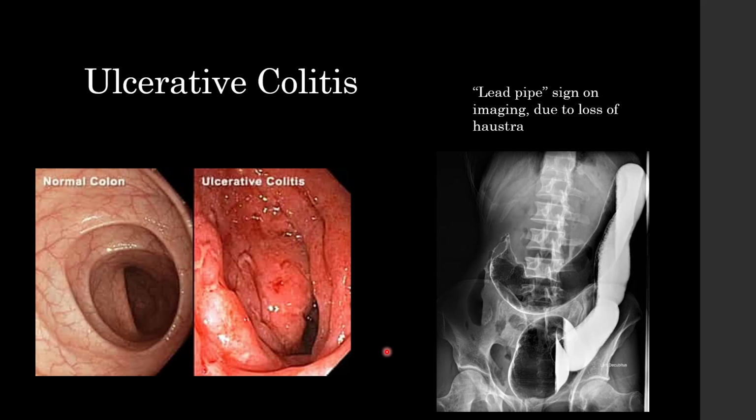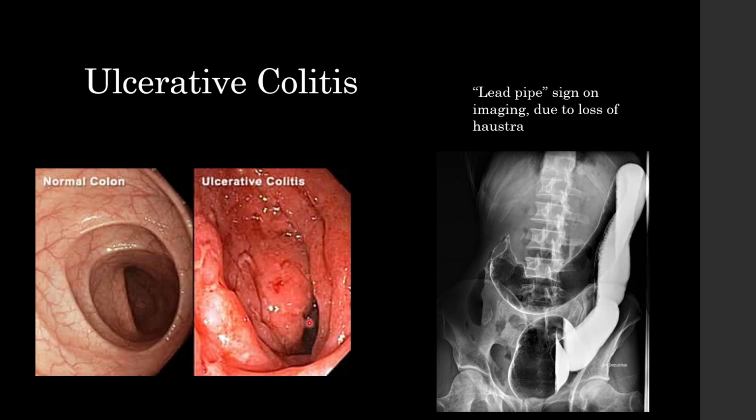Here's a picture of a normal colon. You can actually see the haustra, a nice normal pouching of the colon, with a slight tinge of beige red. It looks like a normal colon. And then you look right here, and there is massive inflammation of this colon. You can see the redness and the swelling around the colon.